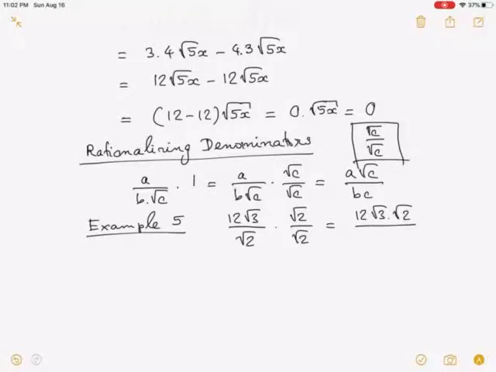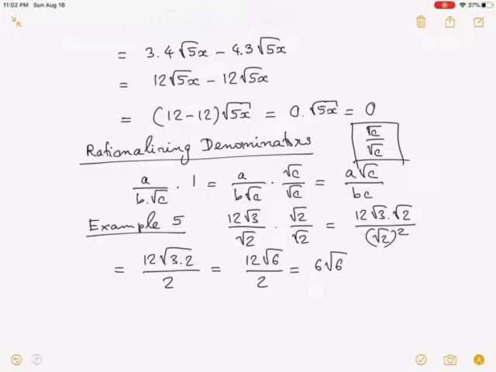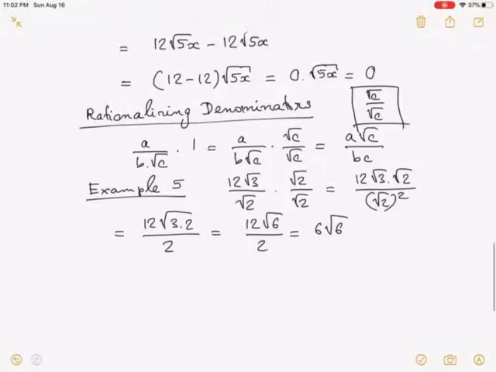So it will be 12 square root of 3 times square root of 2 divided by square root of 2 squared. So this is 12 square root of 3 times 2. Square root of 2 squared is 2. So this is 12 square root of 6 divided by 2. This is 6 square root of 6.